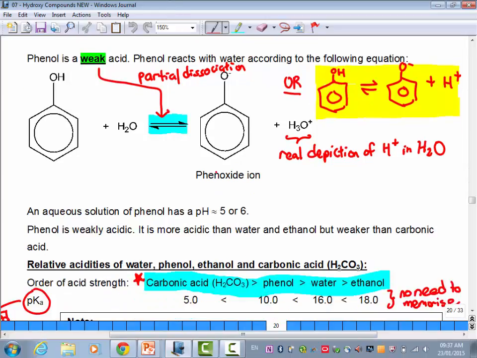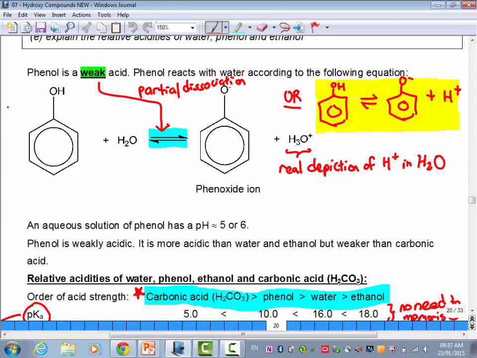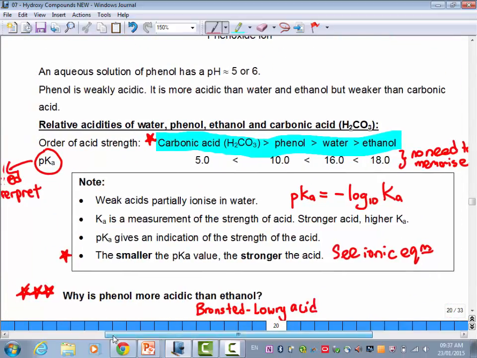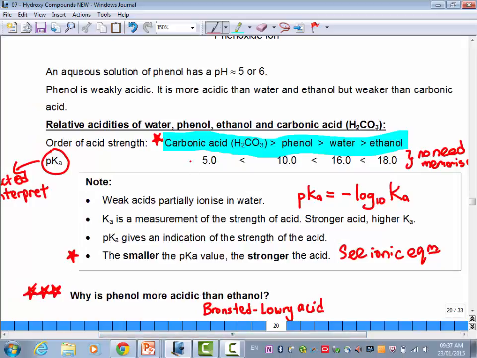Okay, so if it's a weak acid, this is how we represent the dissociation. And like what I mentioned, this will be the more accurate representation after you have learned chemical or ionic equilibrium. Of course we also obtain pKa values to indicate that carbonic acid is a stronger acid than phenol, which in turn is a stronger acid than water, and of course alcohol, for example ethanol, is the least acidic.